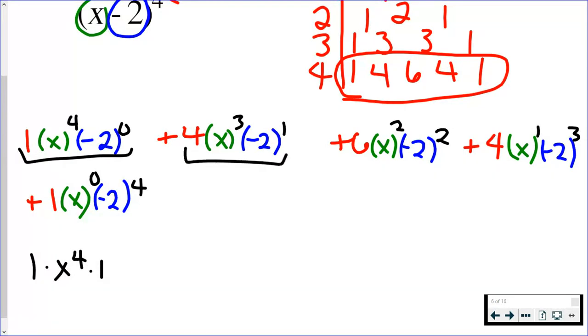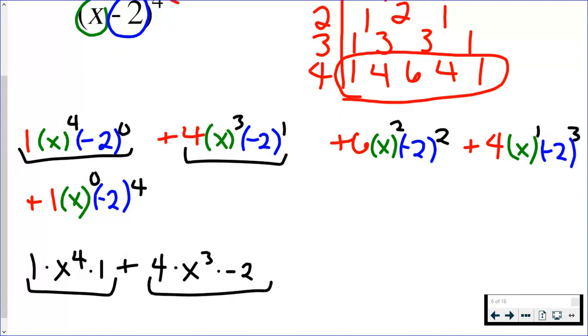My next term, I have 4 times x to the third times negative 2 to the first power. I just like to do these weird underlines so you can follow what goes together. So we have 4 times x to the third times negative 2 to the first, which is just negative 2.